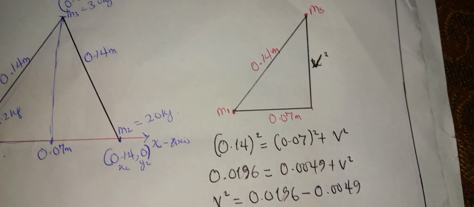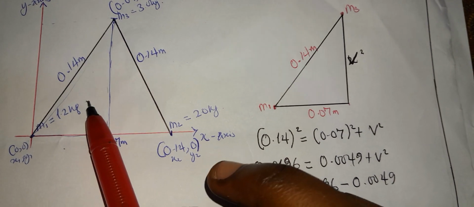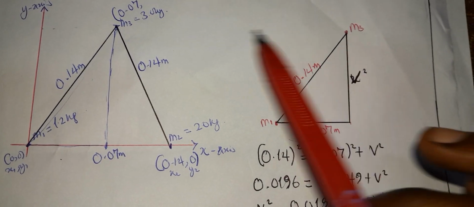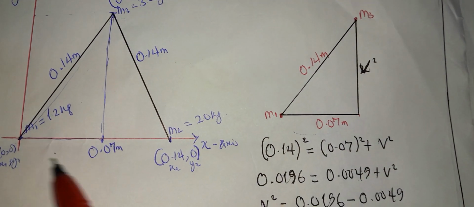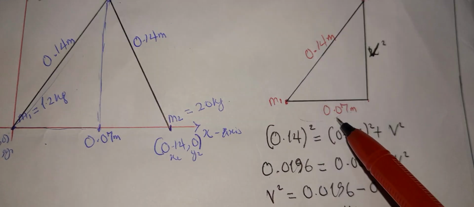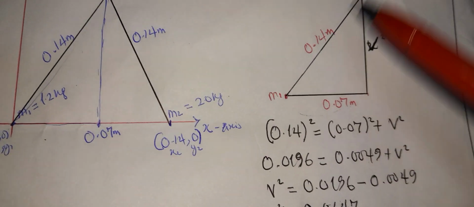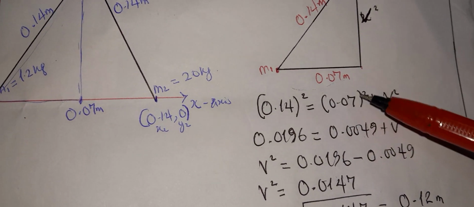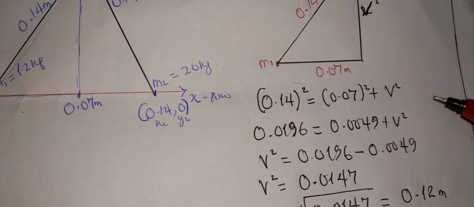Right, so using the Pythagoras theorem, I have picked out this right angle triangle. M3 is at this point, and M1 here, and this line will be bisected, which will be 0.07. So the longest side squared equals 0.07 squared plus y squared.